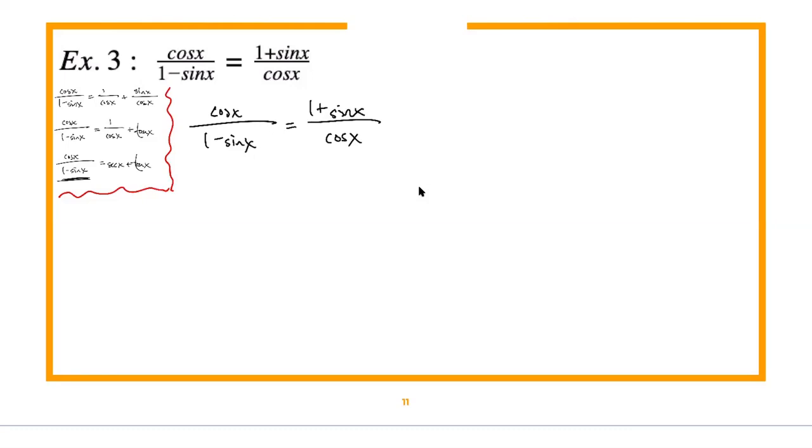Is that valid? Can I multiply something by 1 in an equation? Yes. Yeah, I can multiply by 1.